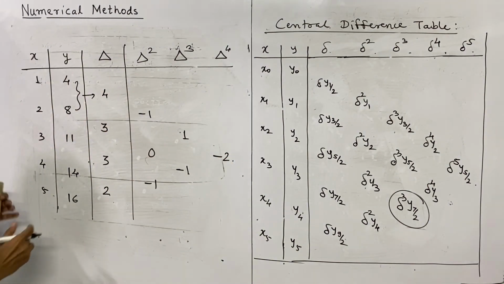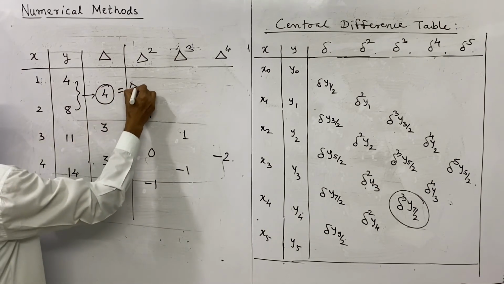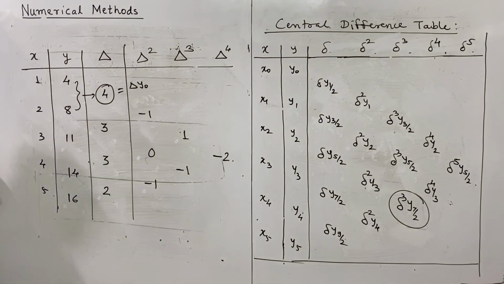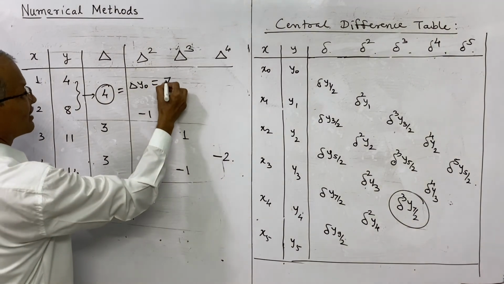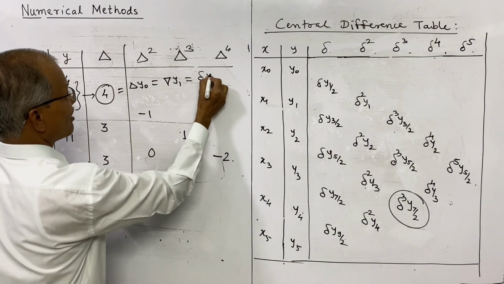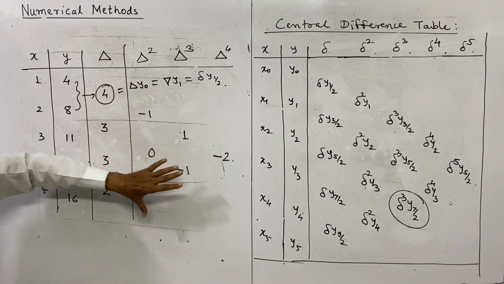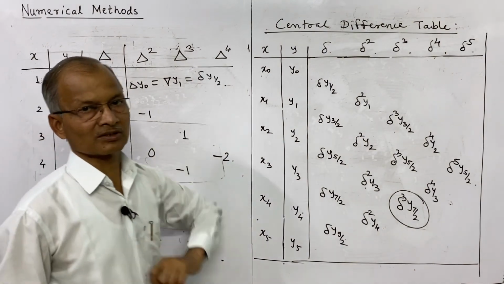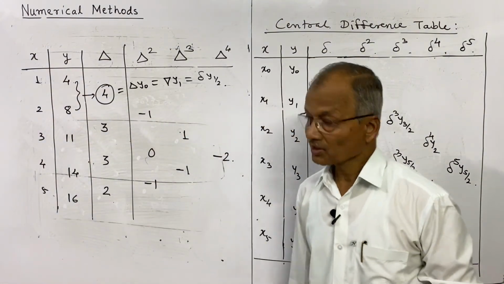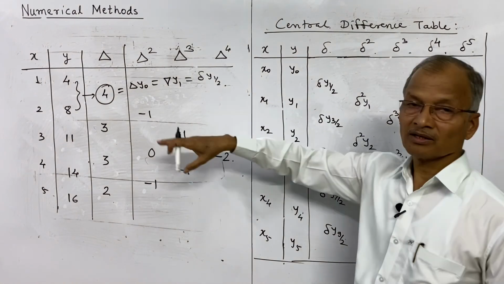So actually this value 4 is delta of y0, and this value is same as del of y1, and this value is same as delta of y half. So thus the same table will be obtained for each differences, forward, backward or center, but the notation will be different.